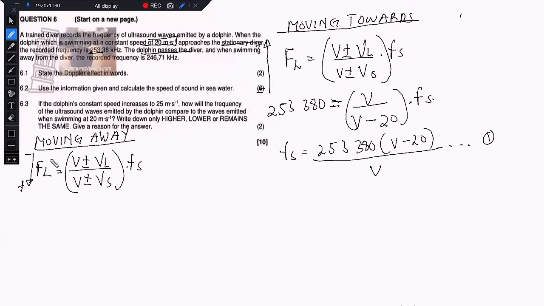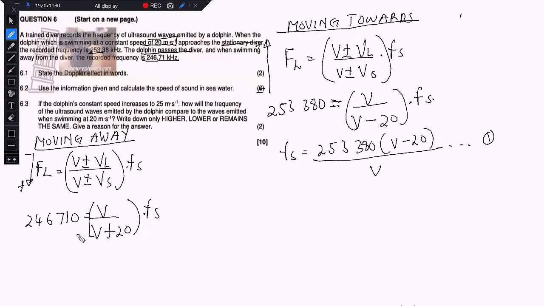Now, for the frequency of the listener, we are told that when it's moving away, it's 246.71 kilohertz, which we multiply by 1,000 to give 246,710, and that equals V over, remember, the velocity of the listener is still stationary, but now we have a plus down here, plus 20, times Fs.